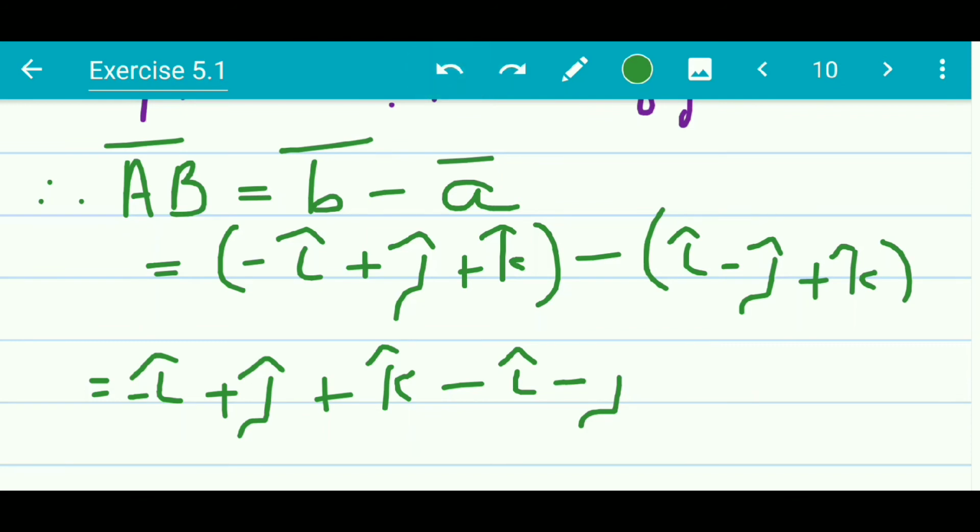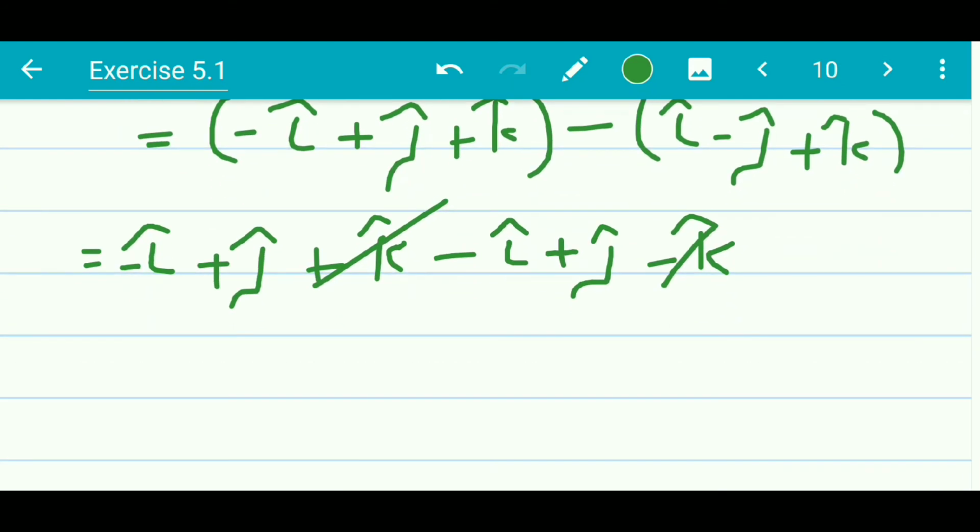So it becomes minus i plus j and minus k. Now k terms go away. So we get minus 2i plus 2j. So this turns out to be the vector AB.